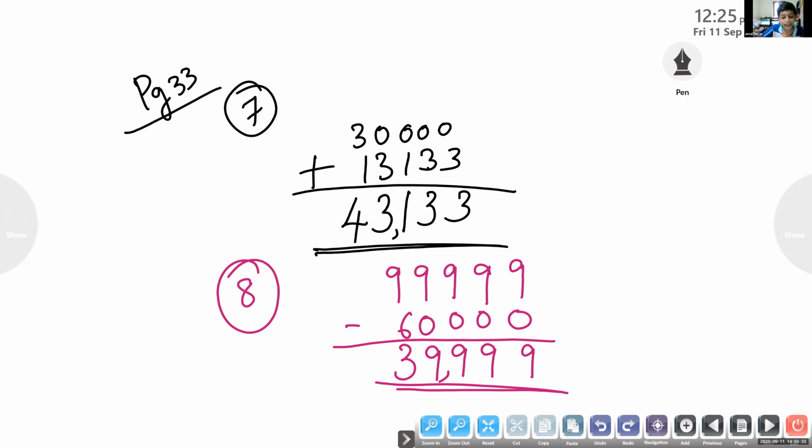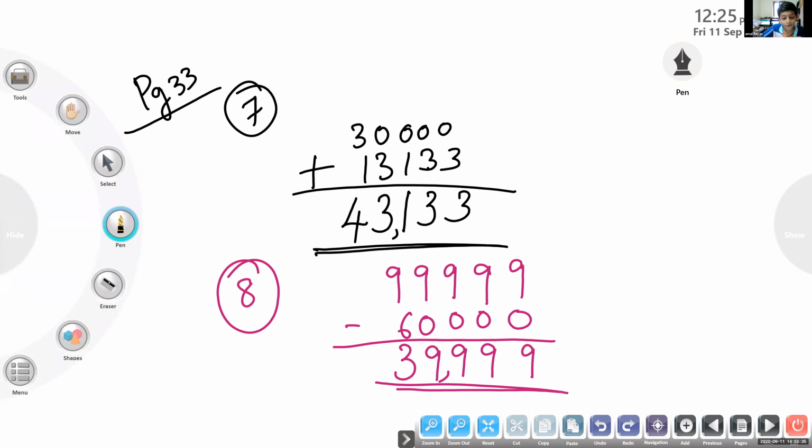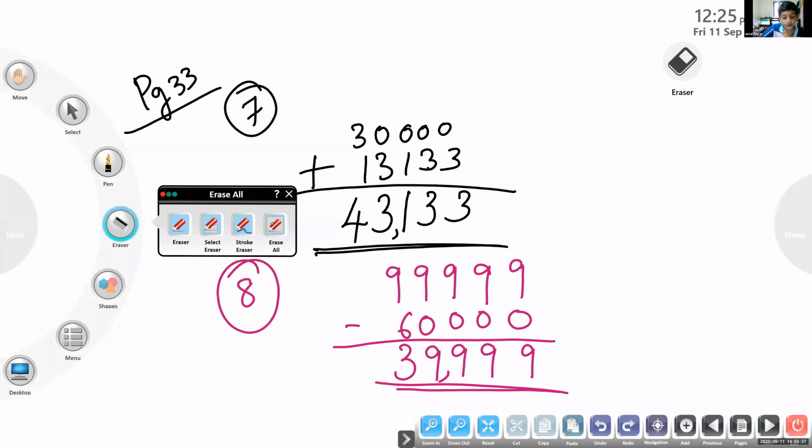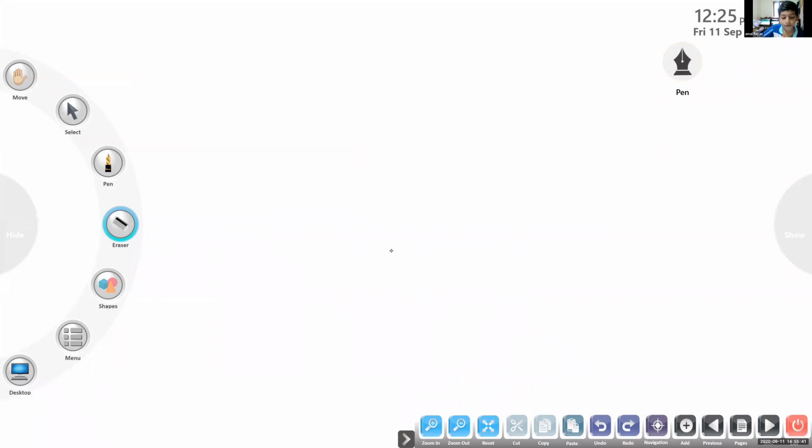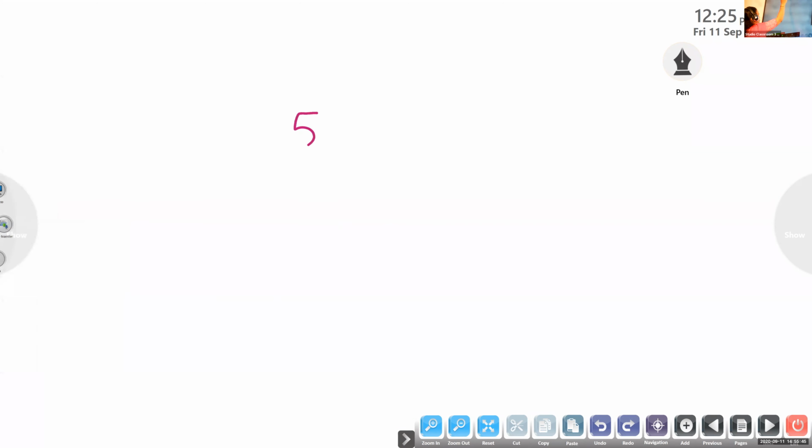When we add 55,000 to 11,000, we get? Children, you have to add 55,000 and 11,000 here.